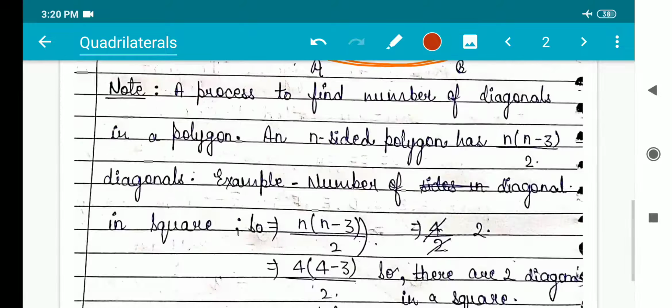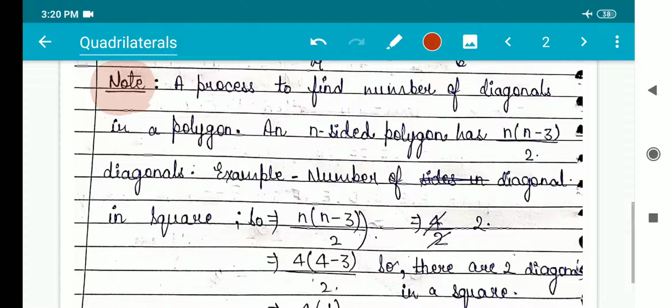Hope you have understood. There is a note that this is a simple process to find the number of diagonals in a polygon. By this process, anyone can easily find the number of diagonals in any polygon, whether a triangle, quadrilateral, pentagon, hexagon, heptagon or octagon.